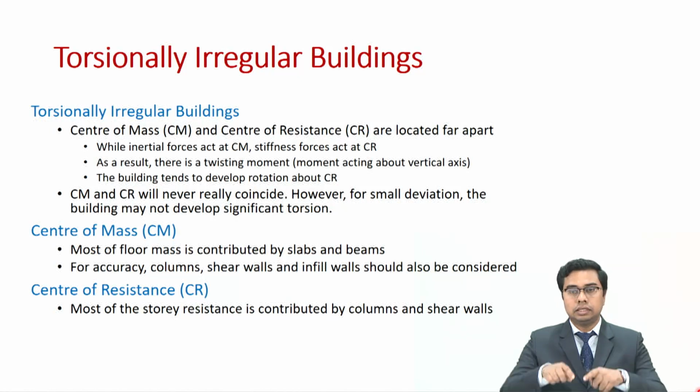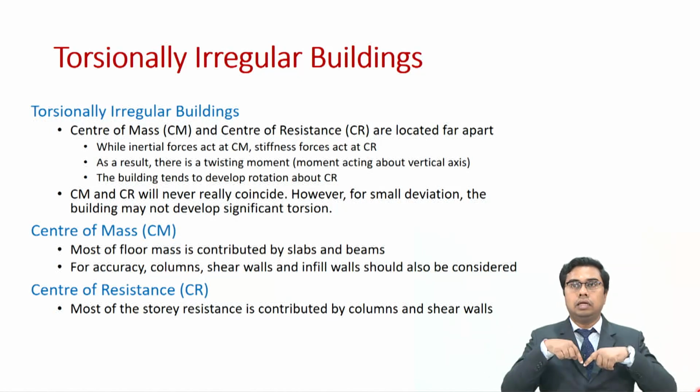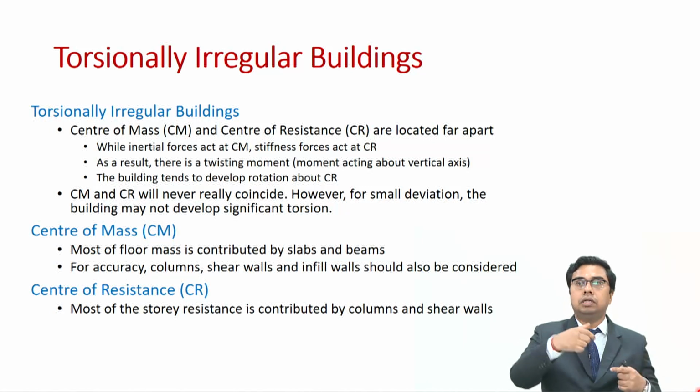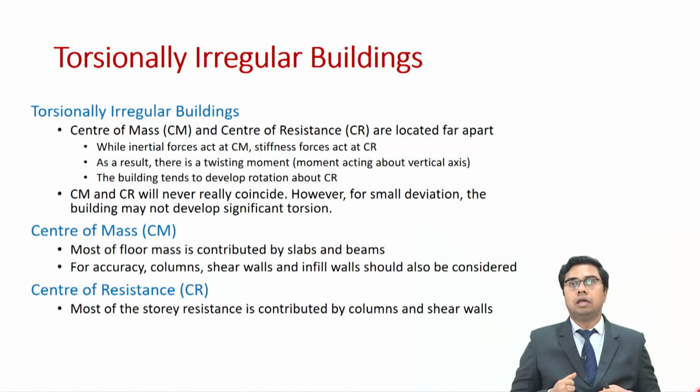How? Let us say that this is the building plan and we have the center of mass and center of resistance at different points. The inertial force is applied at the center of mass, the stiffness force is applied at the center of resistance. These two forces will lead to a twisting moment about the vertical axis, and the building will tend to develop rotation about the center of resistance.